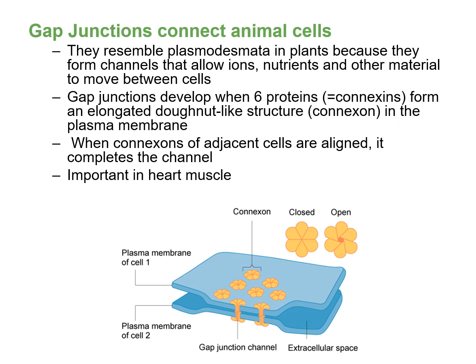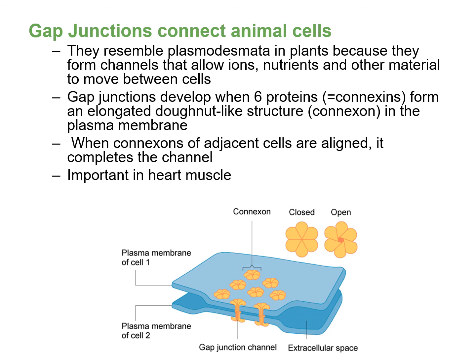Gap junctions in animal cells are similar to the plasmodesmata that are found in plant cells because they are the channels between adjacent cells that allow for the transport of ions, nutrients, and other substances that enable the cells to communicate. However, structurally, there are some differences between the gap junctions and plasmodesmata.